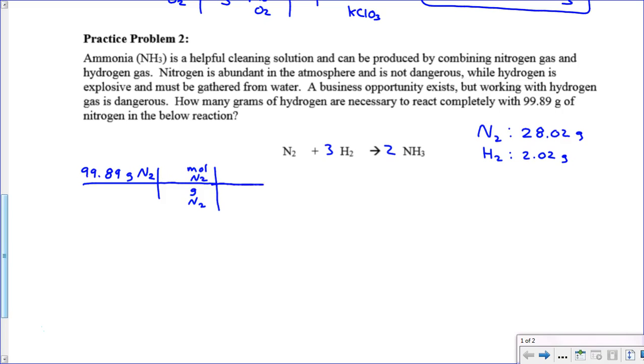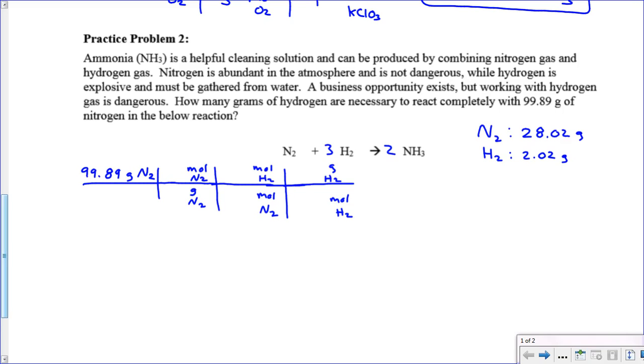Then we want to cancel out moles of N2, so we put moles of N2 on the bottom, and we want to get into moles of H2, because that's the substance we're interested in. Then we cancel out moles of H2, and we want to get into grams of H2, because it asked us in the end for the mass of hydrogen, or how many grams of hydrogen.